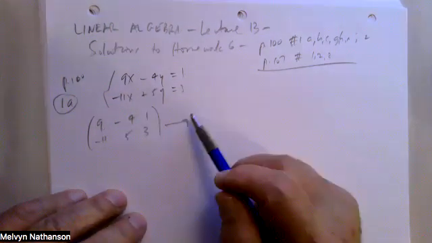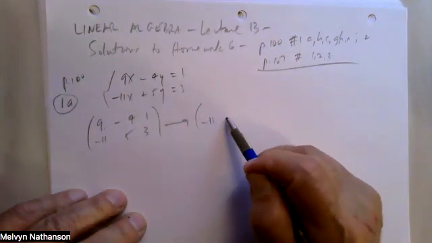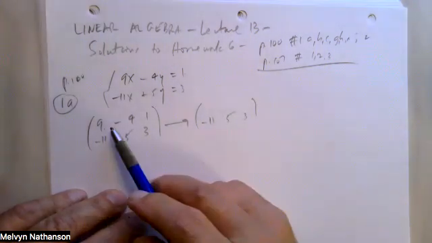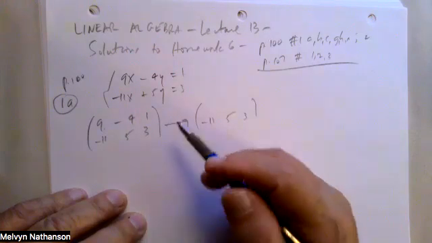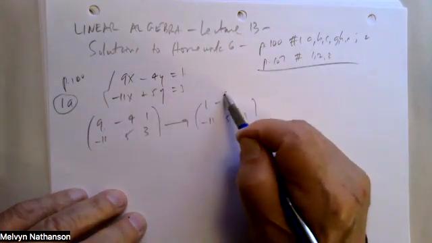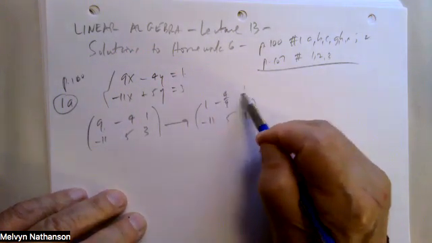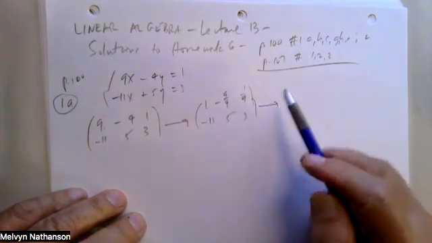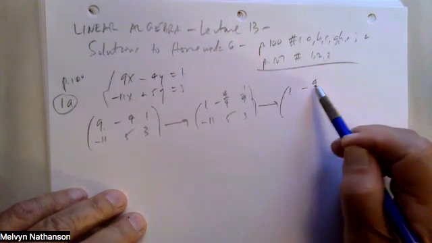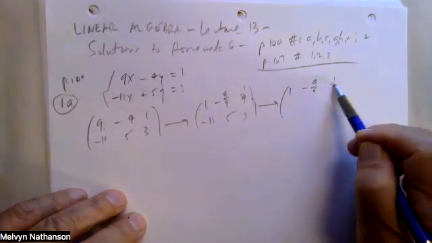I have a 1 here, so the second row is fixed for the moment. Multiply the first row by a ninth, or equivalently divide by 9, and you get 1, minus 4 over 9, 1 over 9.